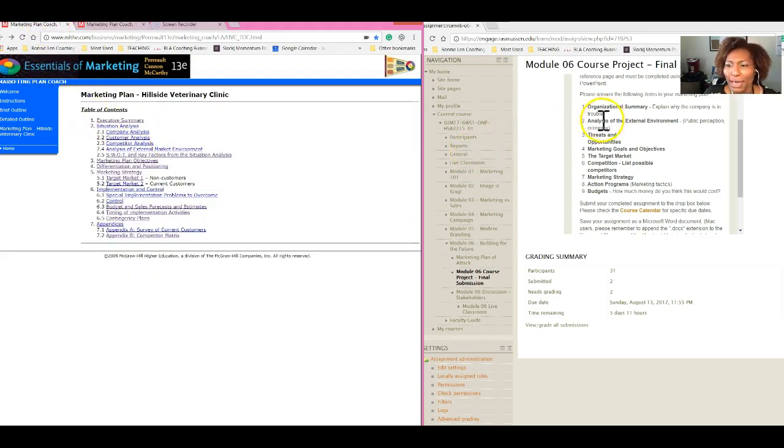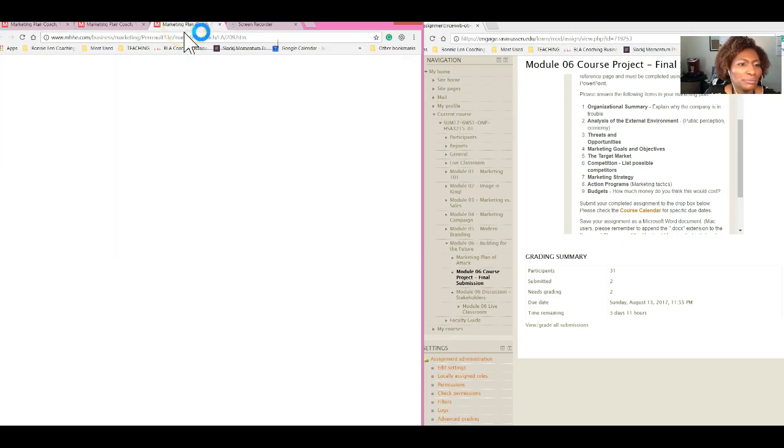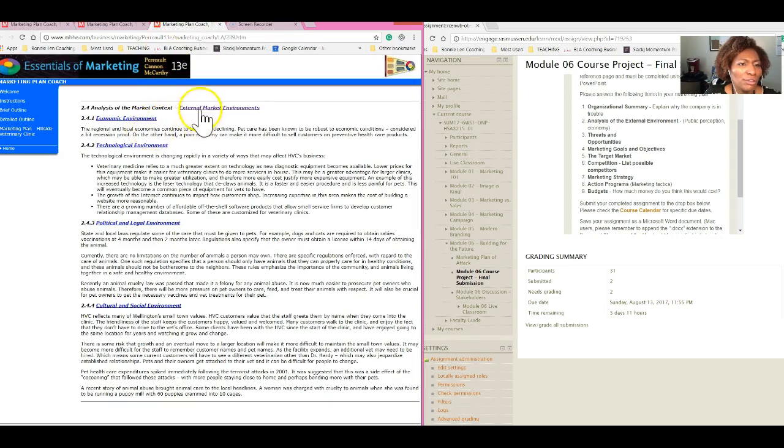And so if we go back to the analysis of the external environment, it has that external environment. So you click on the external environment link and it gives you the different components of the external environment and what things are taking place that may impact the marketing plan that they are creating for the veterinary clinic.